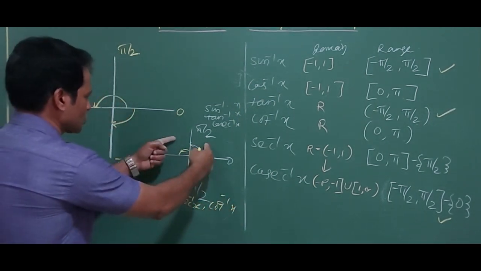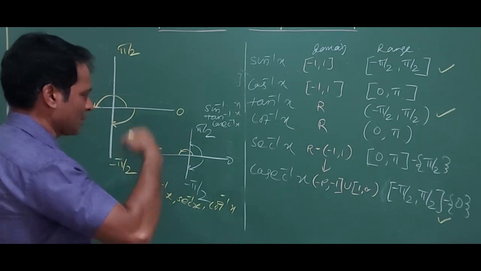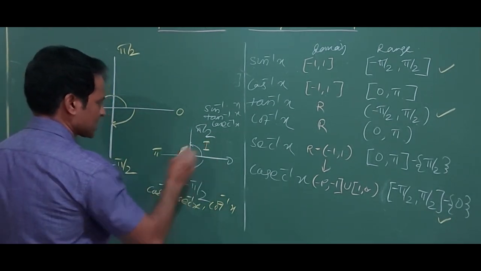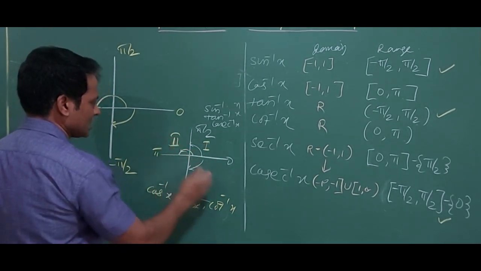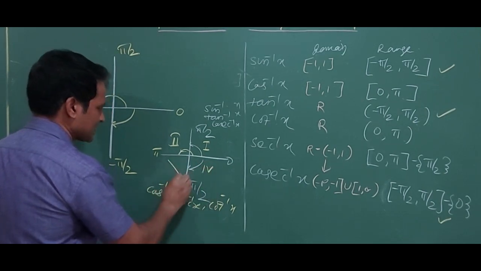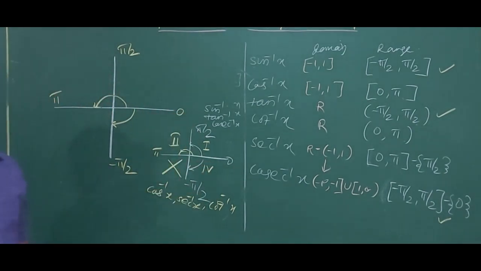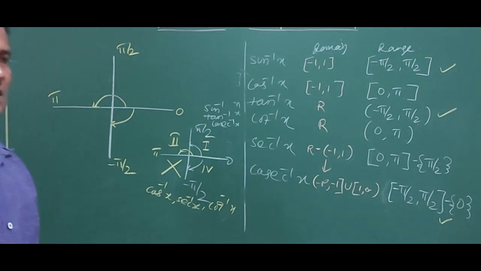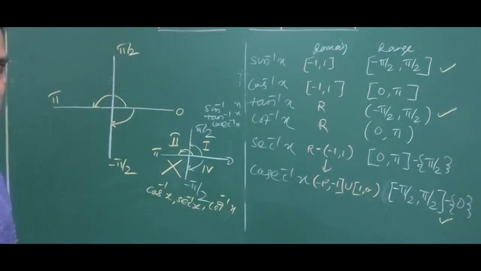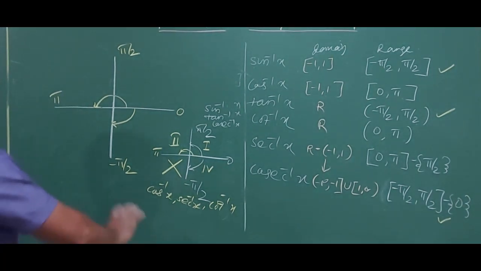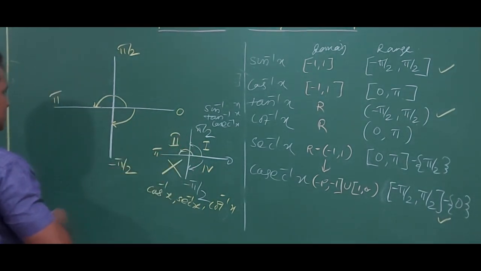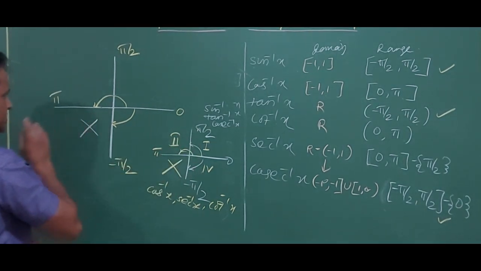That means I am restricted to the first quadrant, second quadrant, fourth quadrant. That means the third quadrant is out of the picture now. Once more I am telling you: none of the values of inverse trigonometric functions lie in the third quadrant. So the third quadrant is out of the picture.